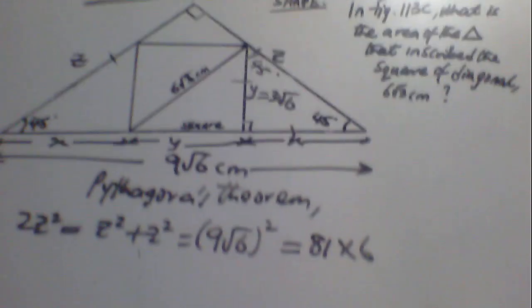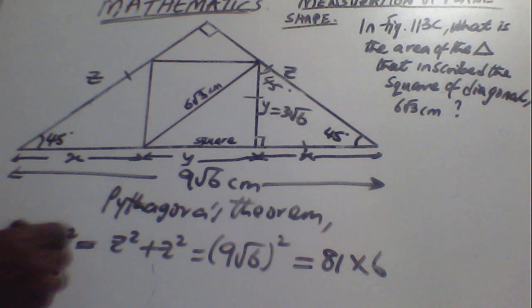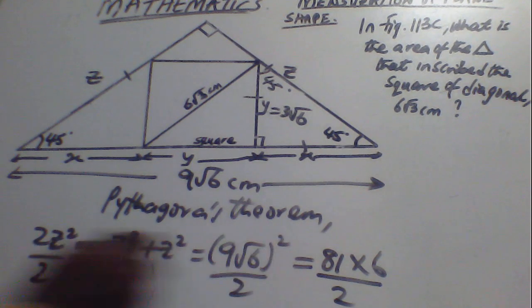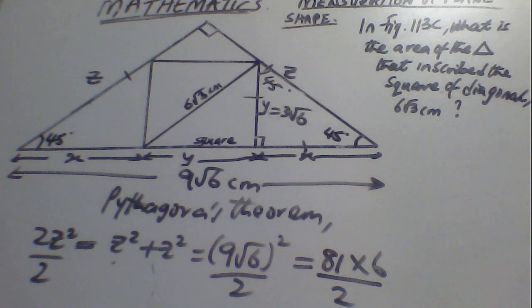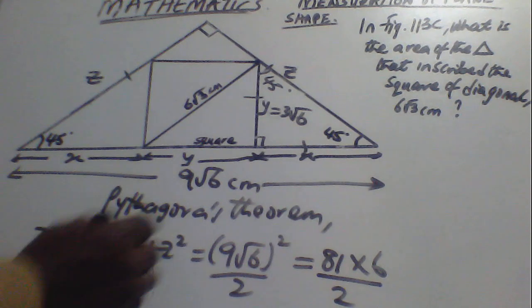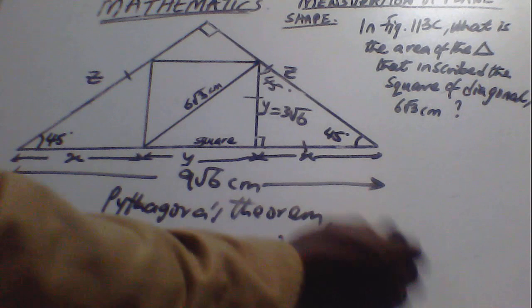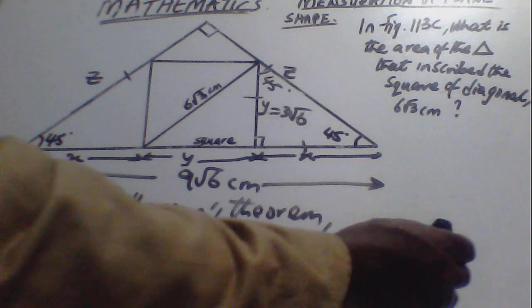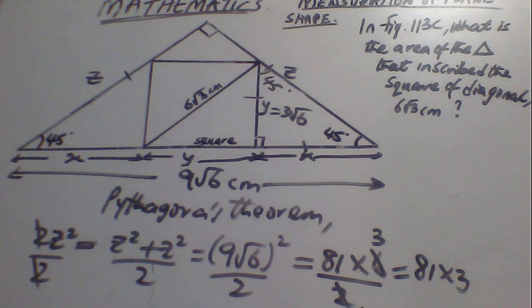So the next thing you have to do is to divide both sides by 2 to make z squared the subject of the formula. So in this case, 6 divided by 2 gives us 3. We have 81 times 3.